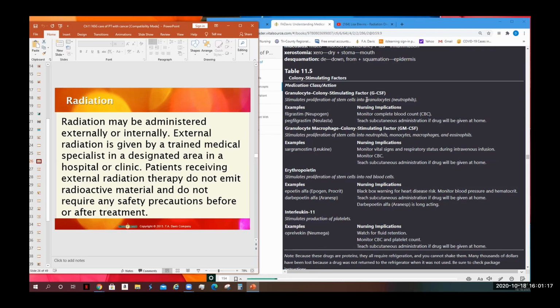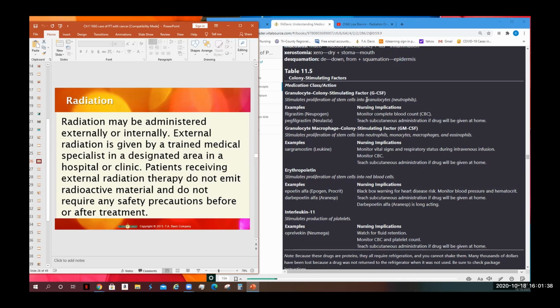Granulocyte macrophage colony stimulating factor, GM-CSF, stimulates the proliferation of stem cells into neutrophils, monocytes, macrophages, and eosinophils.